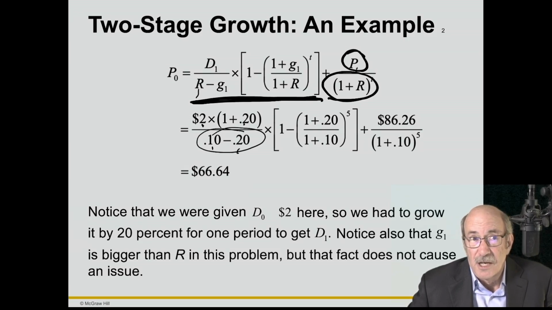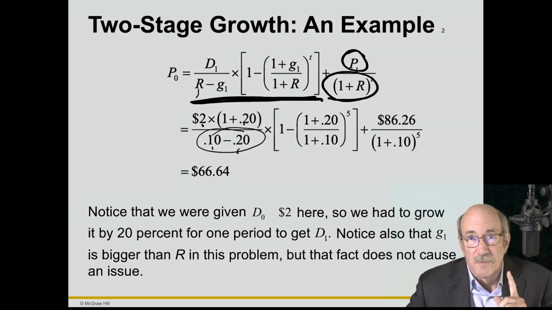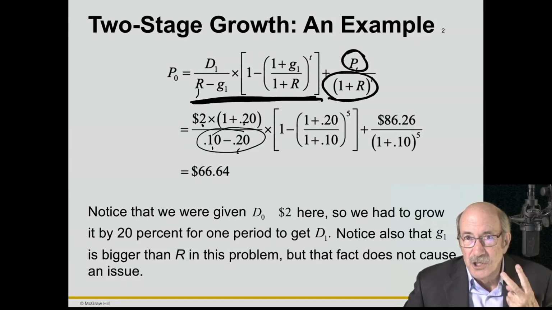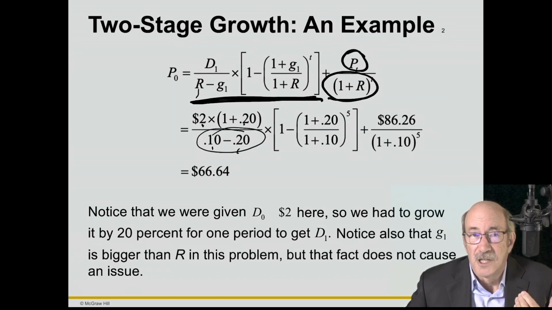G cannot be larger than R in a one-stage model because that would make price negative. But when we have 2 stages, we can have that first growth rate larger than the R, and we will still get a positive price out of it. We'll still get an accurate price given the cash flows that we are using here.